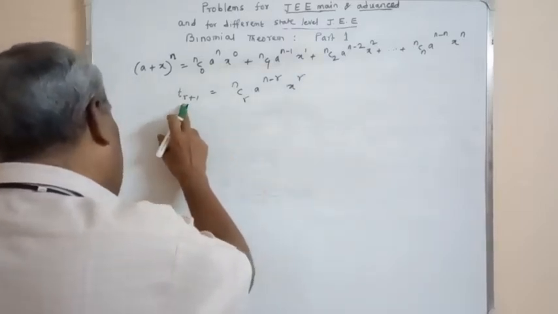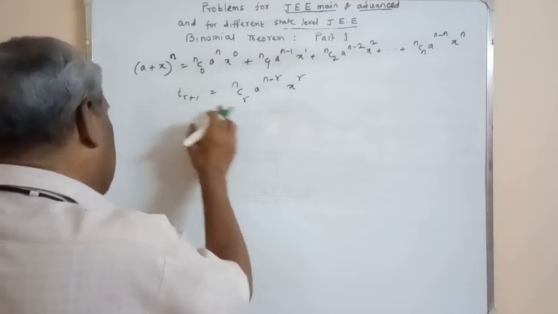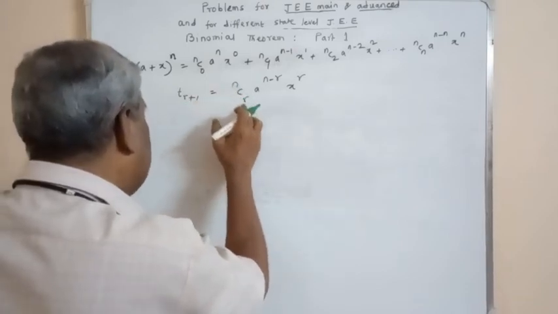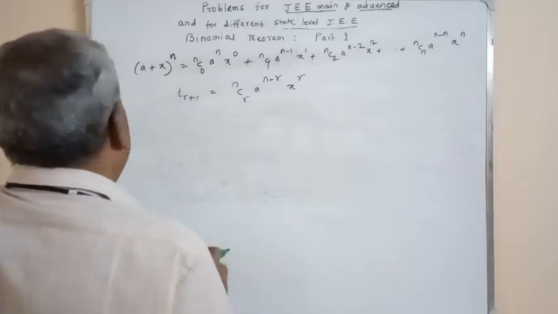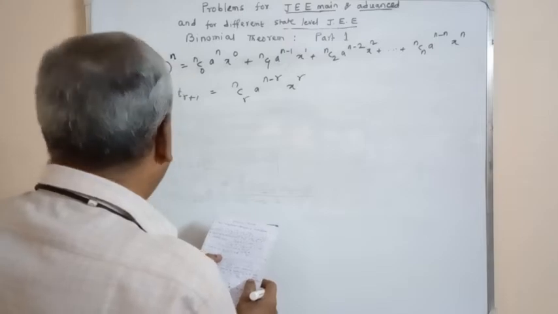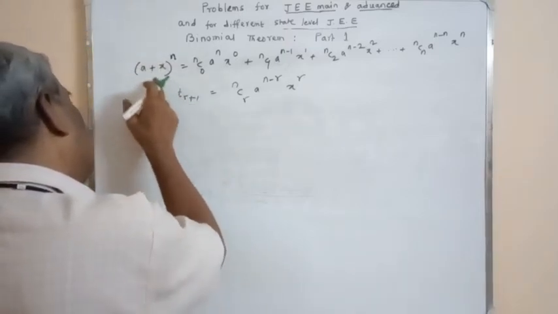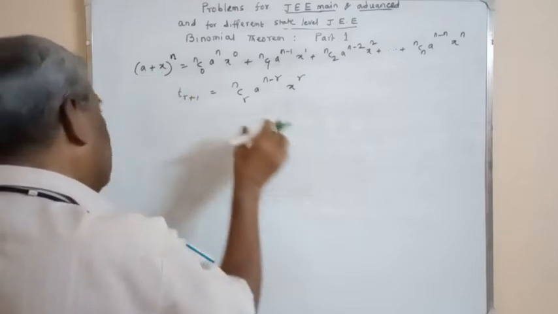We have taken r plus 1 because if it is r plus 1, then it is nCr, simple. It is the (r+1)th term of that expansion.